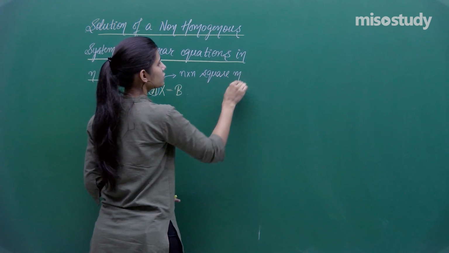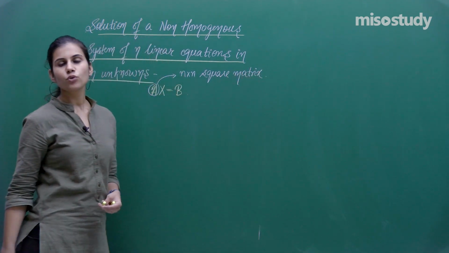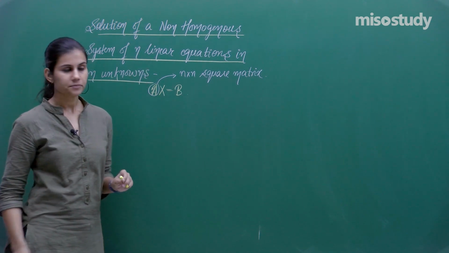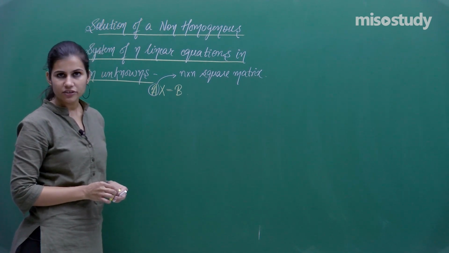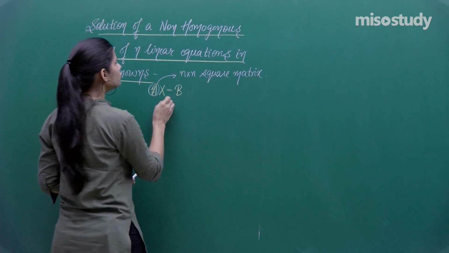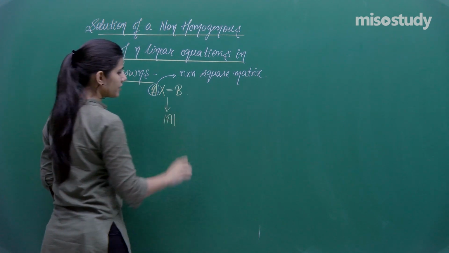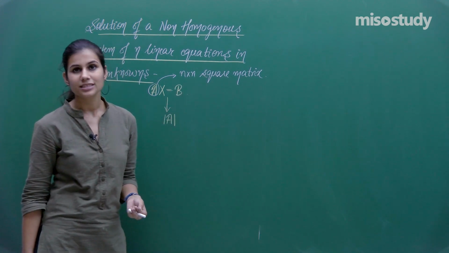This is the matrix which plays the entire role in concluding about the nature of the solution of a non-homogeneous system. Why? Because the moment you have converted the given system into this matrix equation form, you need to just talk about the determinant of A. A is an n cross n square matrix known as the coefficient matrix.